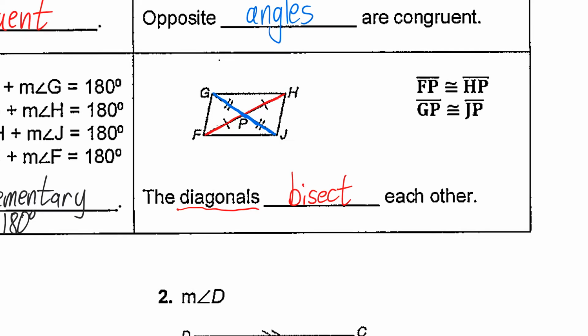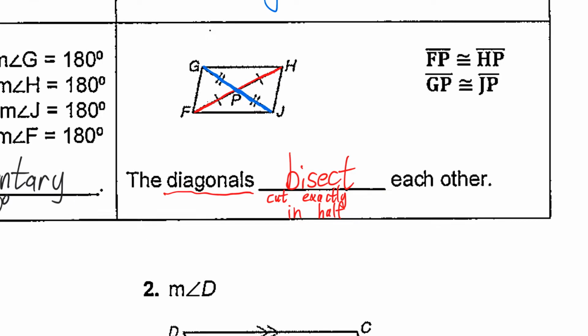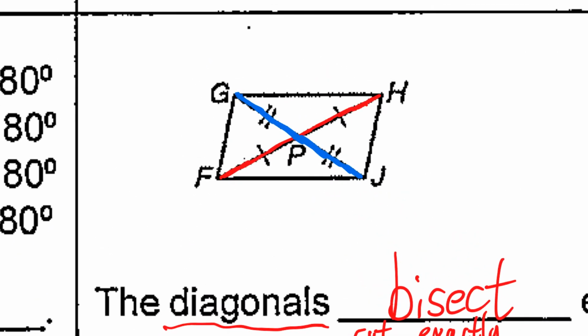And what does bisect mean? Bisect means to cut exactly in half. So where the diagonals cross each other, they cut each other exactly in half.